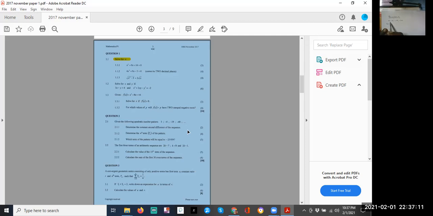Now, for the constant second difference, we start first by doing this minus that. You have 5 minus 4, then minus 19, then minus 40. Now this minus that, this minus that, this minus that. This minus that is minus 9. This minus that is minus 15.